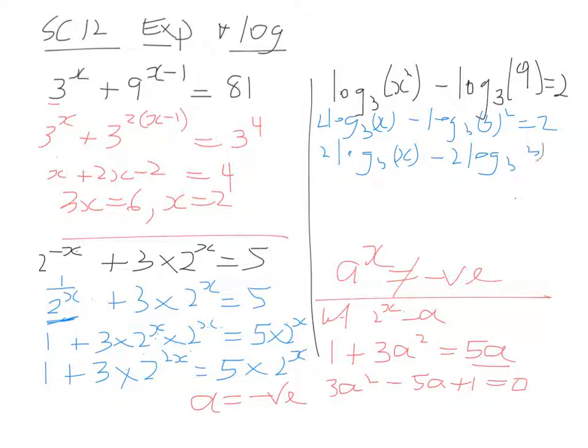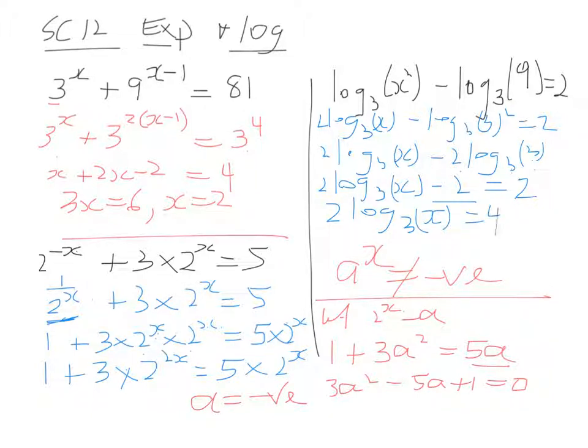Now I know if I've got the same base and the same thing there, I end up with 1. So I'm going to have 2 log 3x minus 2 times 1, which is 2, equals 2. And I'm going to bring this over to the other side, so 2 log 3x equals 4.